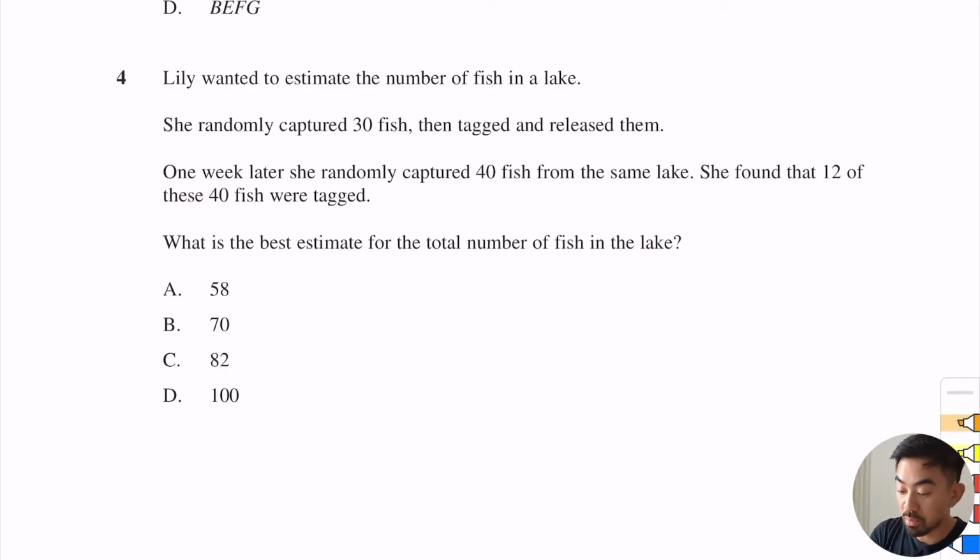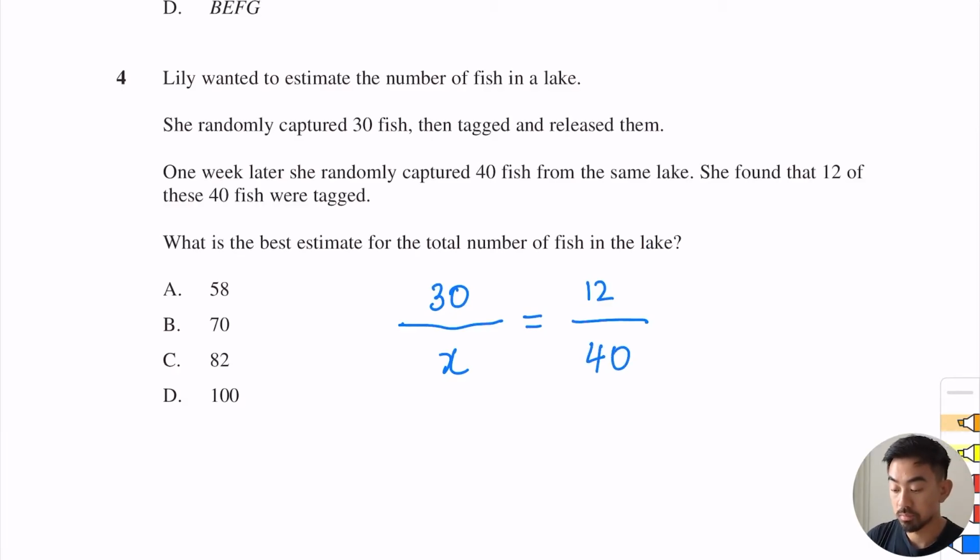So how we find it is basically, we want to write down how much she tagged the first time, and we want to divide that by the total, which we don't know, or the total estimate for the number of fish in this lake. Now that's going to be equal to the number she caught the second time and tagged, so that's 12, divided by the total number of fish that she caught the second time.